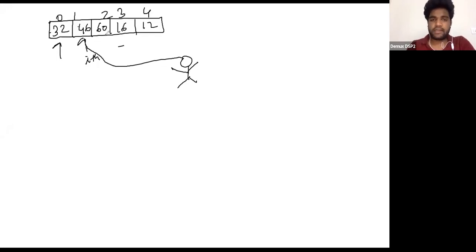That's the only constraint that you have, and you have to determine the maximum amount of money that the robber can get from the houses. Is the question clear to everyone? I will explain all the essentials of what's going on through this question. We will take this as a running example, but is the problem statement clear to everyone? Yeah, quickly.